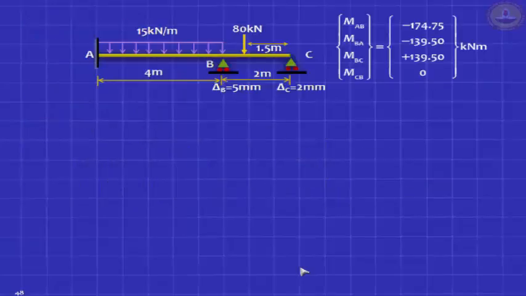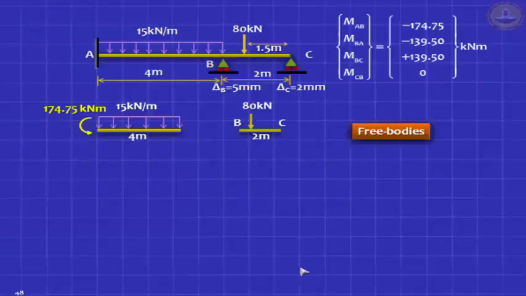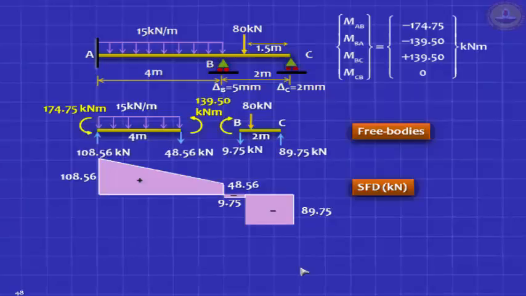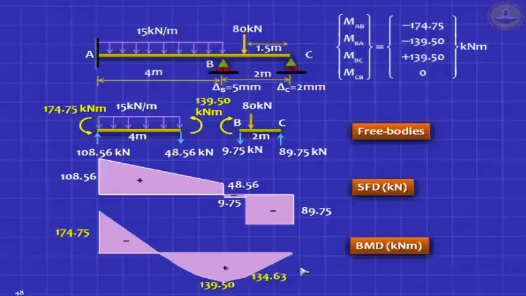Once you have your end moments, draw the free bodies: minus 174.75, minus 139.5, plus 139.5 and 0. Find out your shear forces, draw your shear force diagram, draw your bending moment diagram. You're ready.